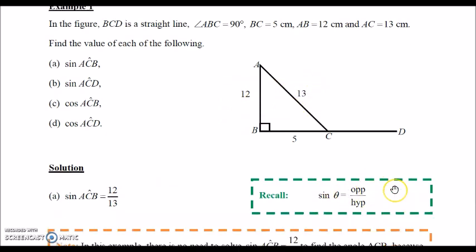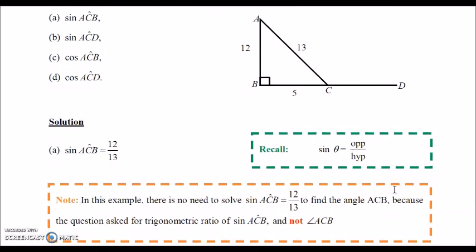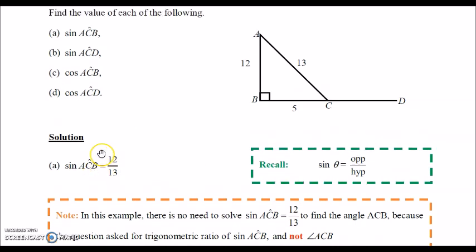Okay, so let's move on to part B. Before that, one point of reminder for you to take note of: in this example, we don't need to find the value of the angle ACB, because the question just wants us to find the trigo ratio, which is a fraction, of sine angle ACB.